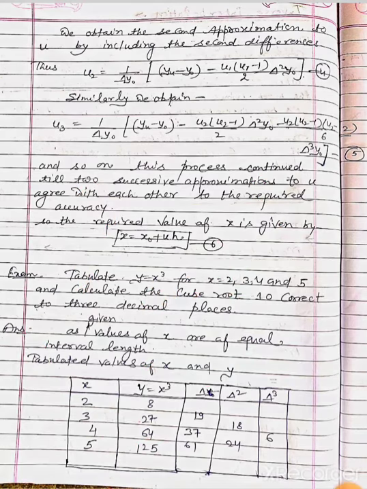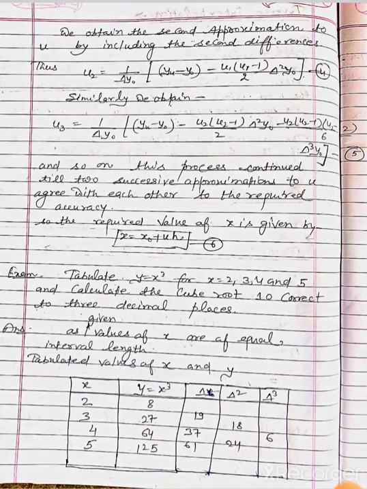And related forward differences: first forward difference, by subtracting 27 minus 8 equals 19, this gives delta y0, and subtracting 27 from 64, we obtain 37, which corresponds to delta y1, and subtracting 64 from 125 gives 61, which is related to delta y2.